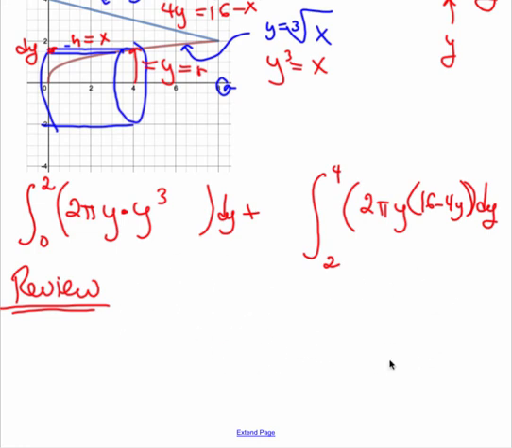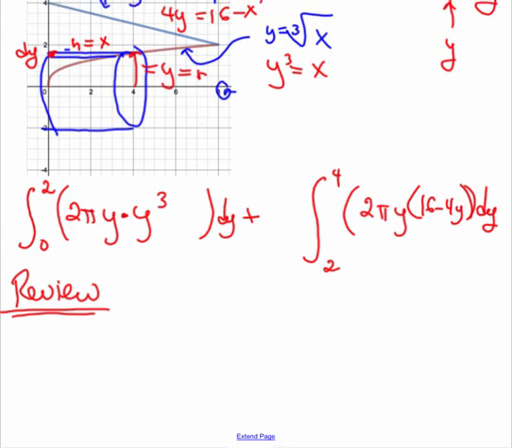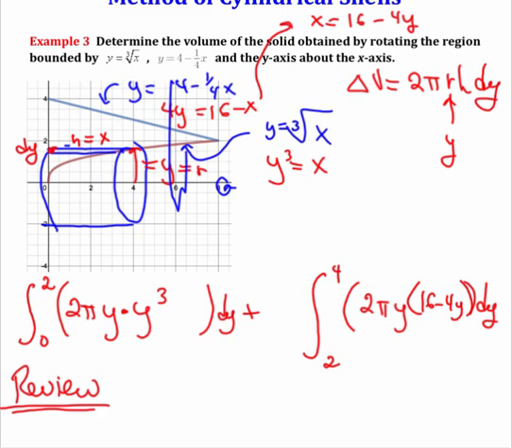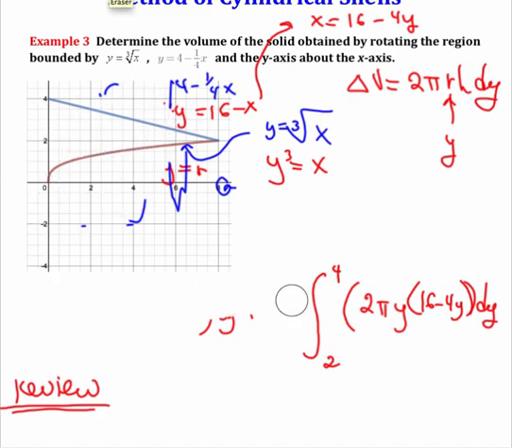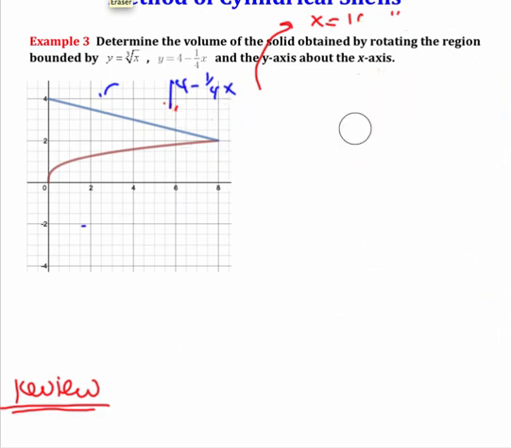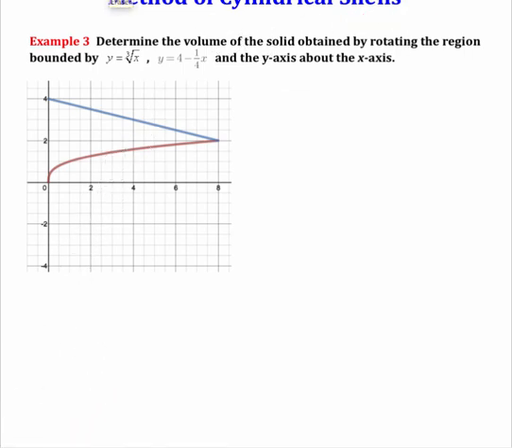Okay, so if I were to go back and do this with the washer method, I'm going to erase this and I'm just going to draw one single washer just to have a good, nice visual.